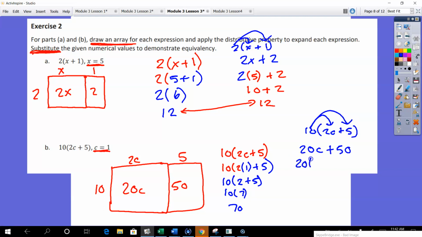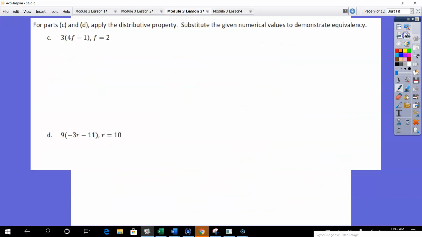So then we plug it in, 20 times c, and we said c is going to equal 1, plus 50. 20 times 1 is 20 plus 50. 20 plus 50 is 70. So it did work out.